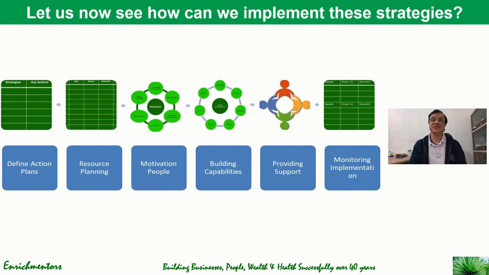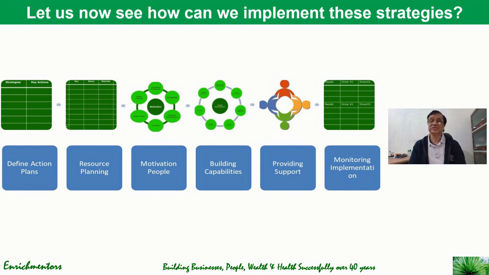And in that situation, how do you motivate people to do it for you? That's the challenge there. The fourth thing is that you need to build capabilities as you go along discussing, formulating action plans and implementing. You'll realize we didn't have the capabilities that we thought we needed, and we need to build capability. The fifth thing will be to provide support, because as people start implementing things or we start building capabilities, they will come back and say, hey Arun, this is not getting done, we need your help and support.